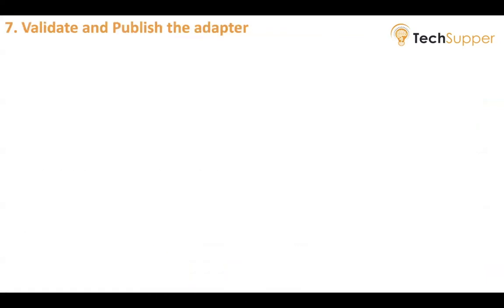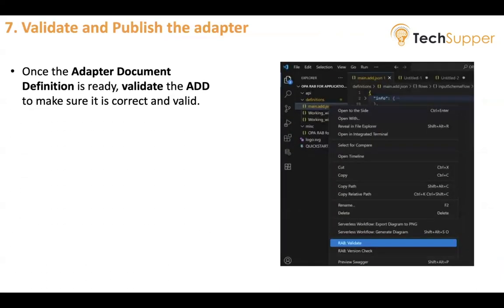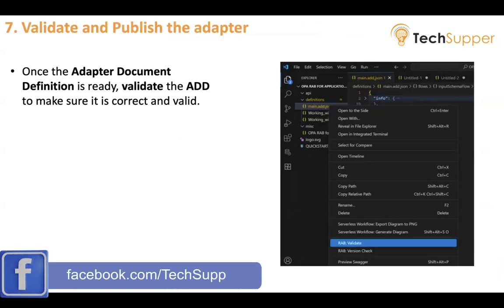After your ADD document is modified, you are good to go. You have a command called rab validate. After your ADD file is generated, the name of the file will be main.add.json. After your file is ready, you right-click on that file and validate to make sure your file is syntactically and semantically correct.